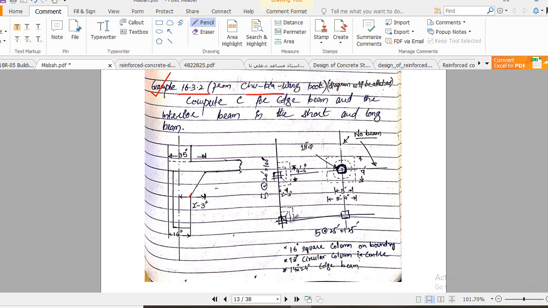In this direction the span length is 25 feet and in this direction is 20 feet. You see the beam section. Okay, this is our beam and this is our slab, clear? So 35 inch is basically the projection of the column capital.